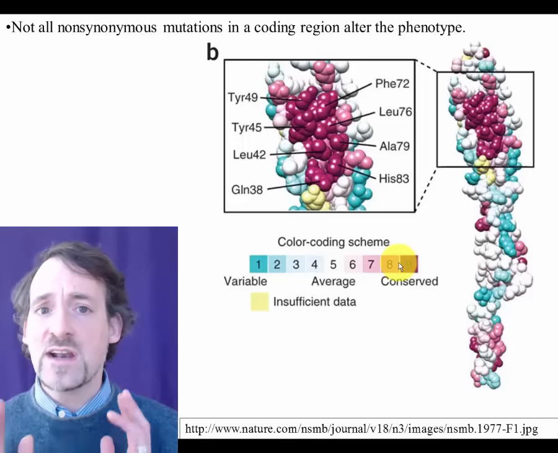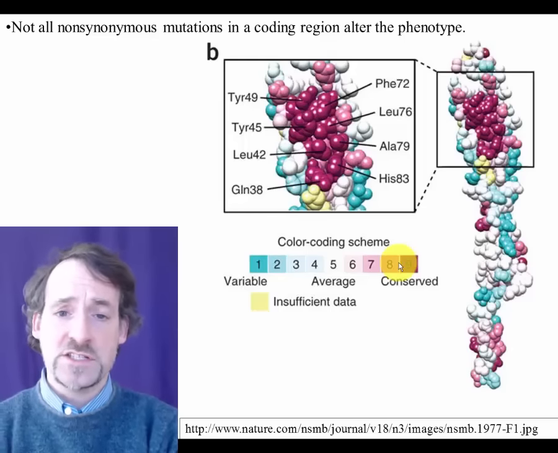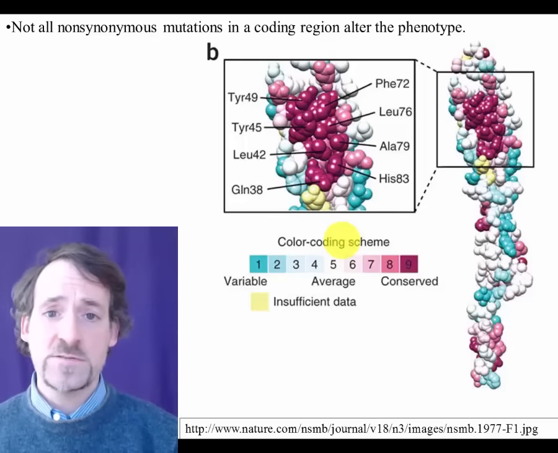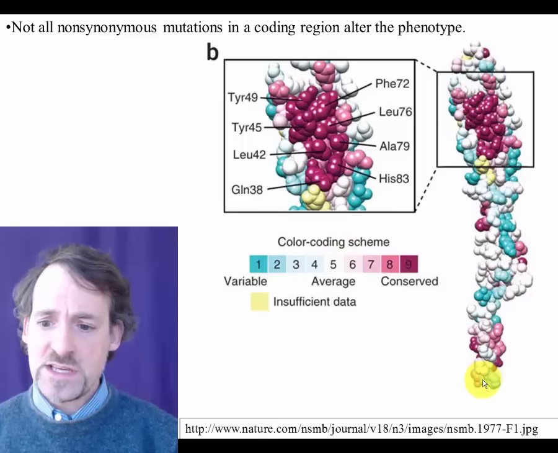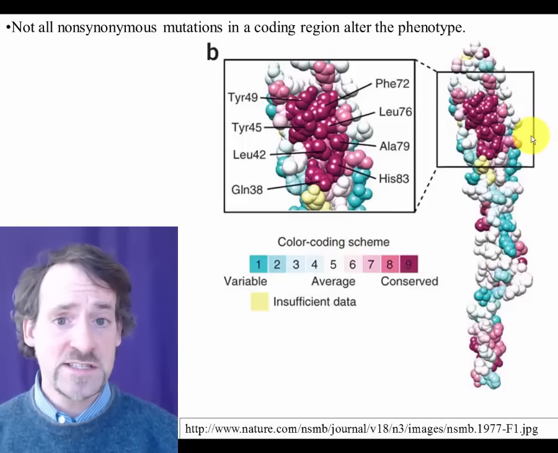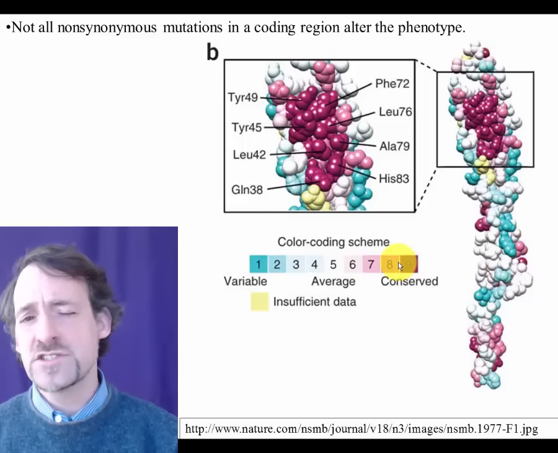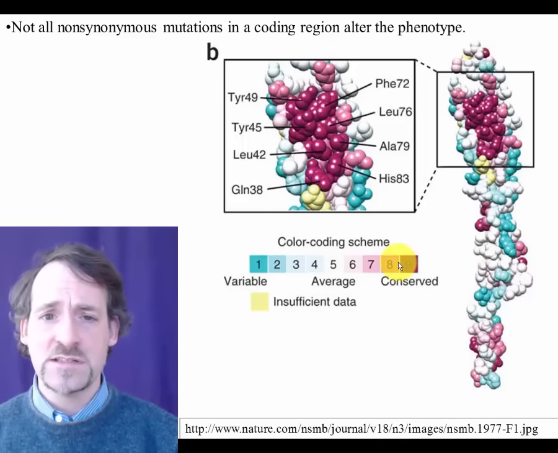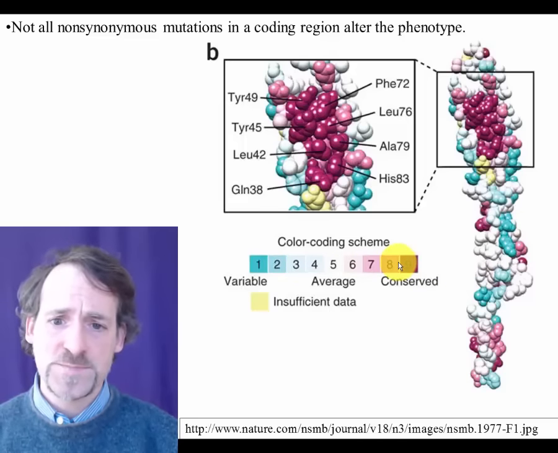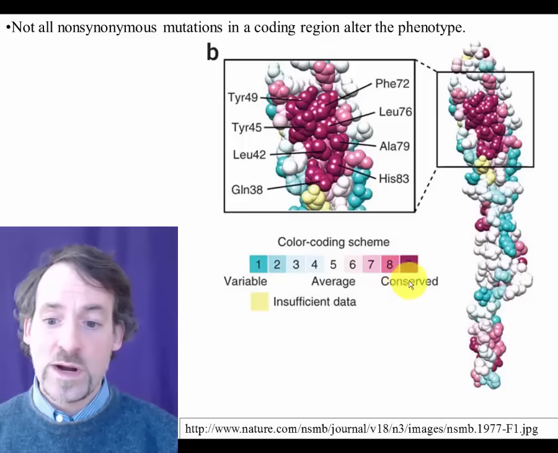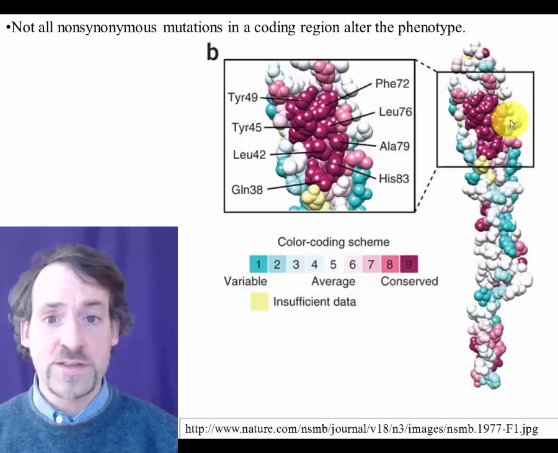Keep in mind that not all non-synonymous mutations that are in a coding region alter the phenotype. What's shown here is a 3-dimensional model of an enzyme. And the colors represent how evolutionarily conserved the amino acid sequences are. There are some areas where the sequence is really conserved. That's the purple here.